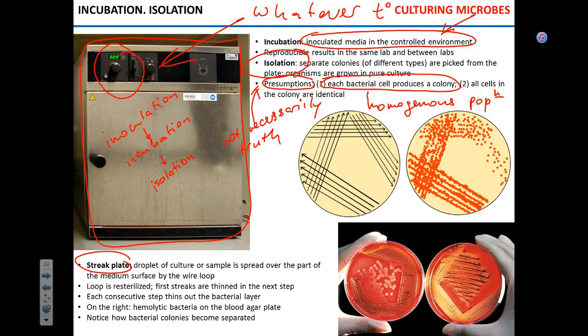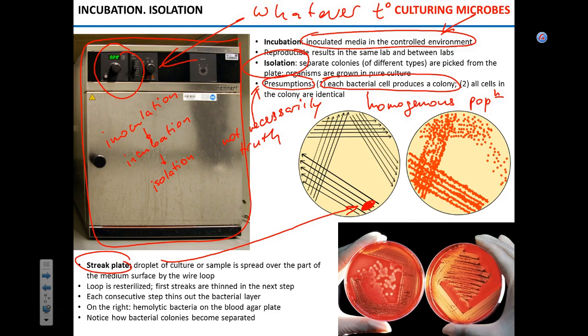Now, let me explain how it works. So imagine that I'm going to combine between this fancy writing device, the screen, so you will see. Imagine that I put a drop of culture or a sample from a colony onto the surface of the agar plate.